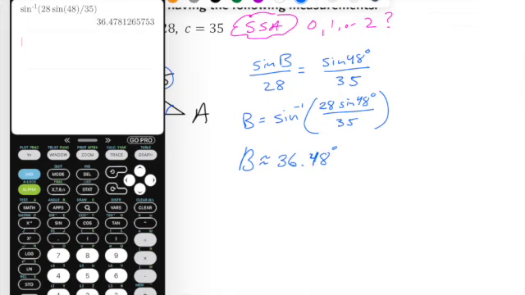36.48 degrees. Now what you have to remember, and this is again, be on high alert when you're solving a side-side-angle scenario, is that when you do the inverse sine, that step right there, you have to remember there's 2 potential answers. There's 2 angles that will have this value as its sine, right?